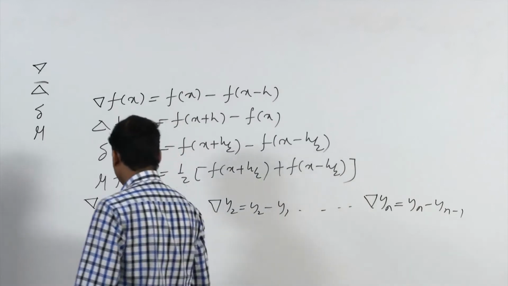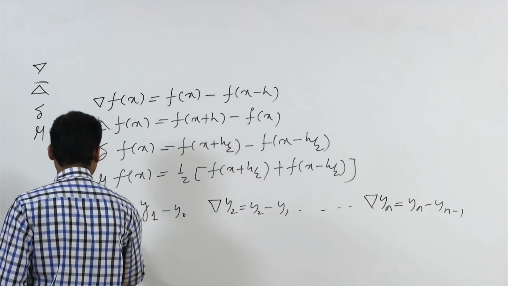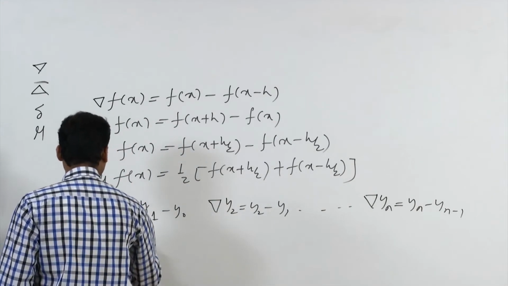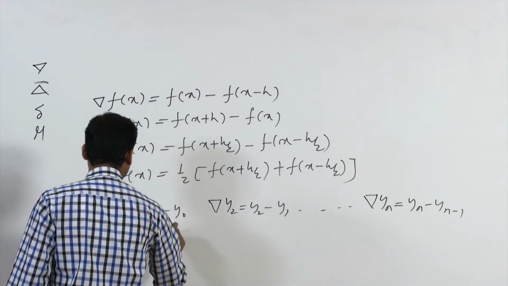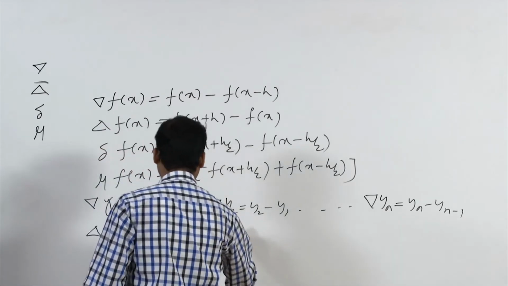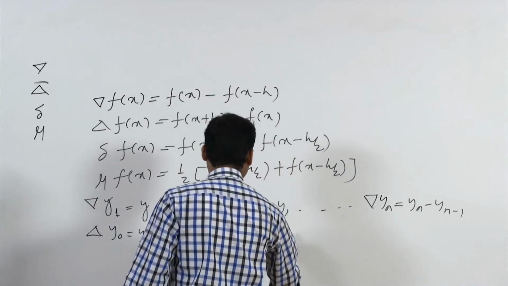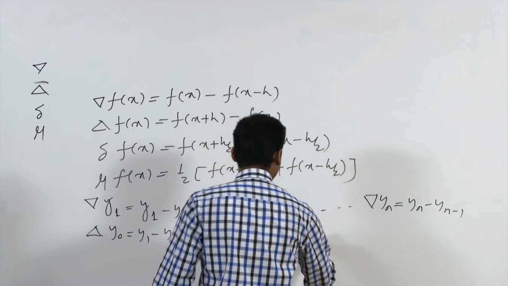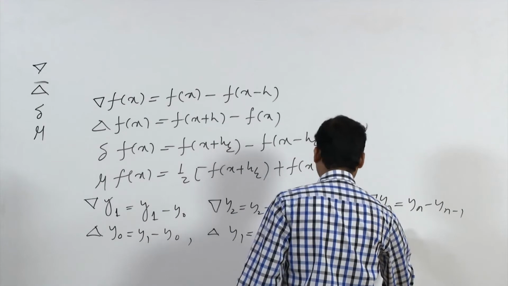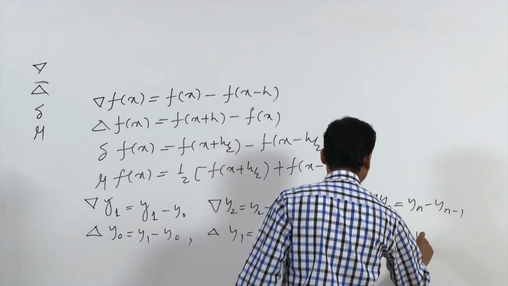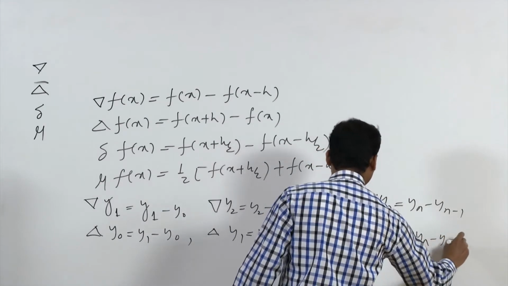Similarly, if we apply the forward difference operator sequentially, delta of y0 can be written as y1 minus y0, delta of y1 as y2 minus y1, and likewise delta of yn minus 1 as yn minus yn minus 1.